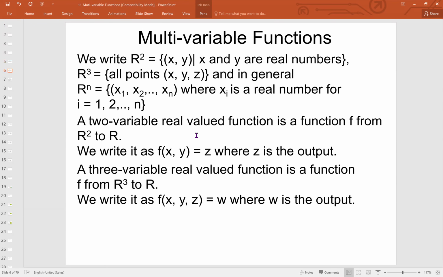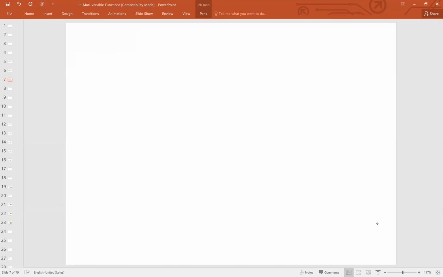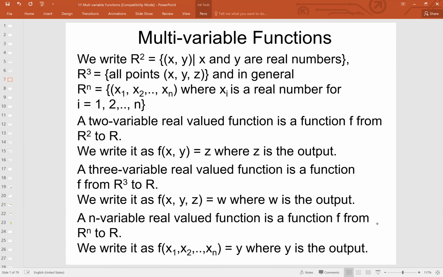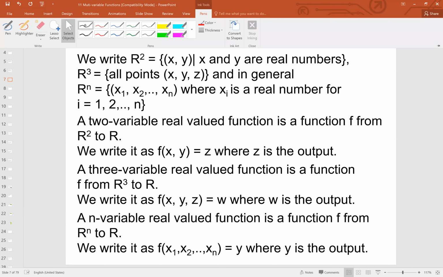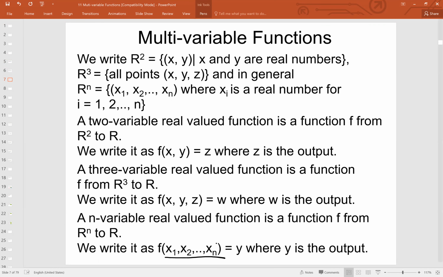Of course, a three-variable real function means you take a point in R3 into an output. Then a real function from Rn means you take an n-variable point into some output.